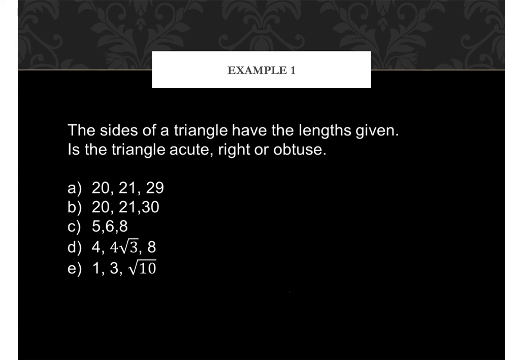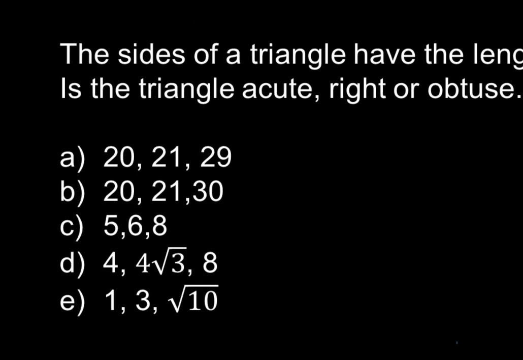So for example, in A, we've got 20, 21, and 29. What's our C going to be? 29, very good. And your A and B are interchangeable. It doesn't matter which one you make which. I'm just going to put A as 20 and B as 21, okay?